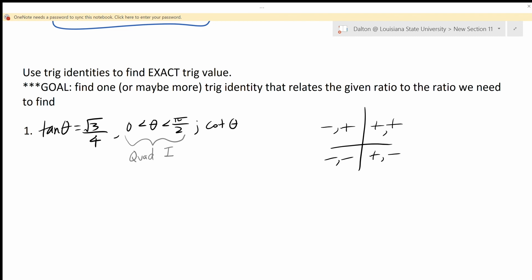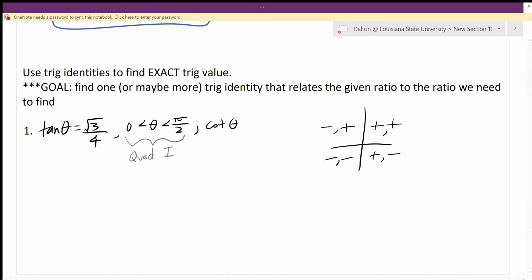In quadrant 3, I do have both negatives, but is the tangent negative in quadrant 3? No, because I'll still have a positive. And guys, remember, if you think of tangent in terms of slope, you will have positive lines in the first and the third quadrant, and you will have negative slopes in the second and the fourth because those lines have to go through the origin. So that's one way to think about it.